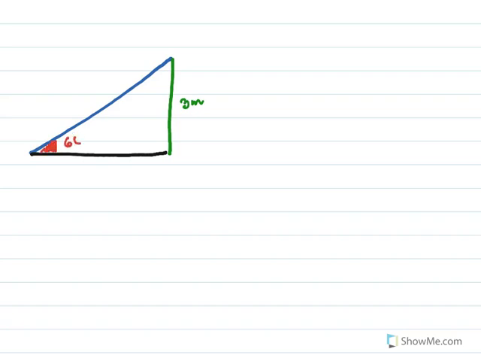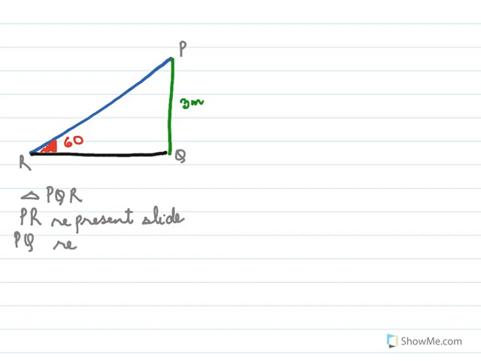It's a steeper slide, 60. So we'll mark P, Q, R, and in triangle PQR, PR represents the slide, PQ represents the height of the slide, and RQ represents the ground.